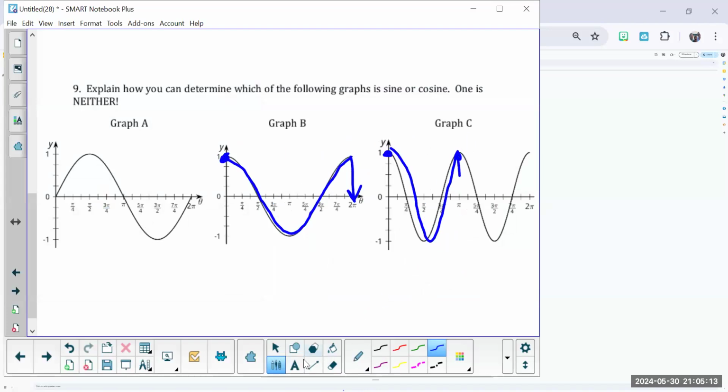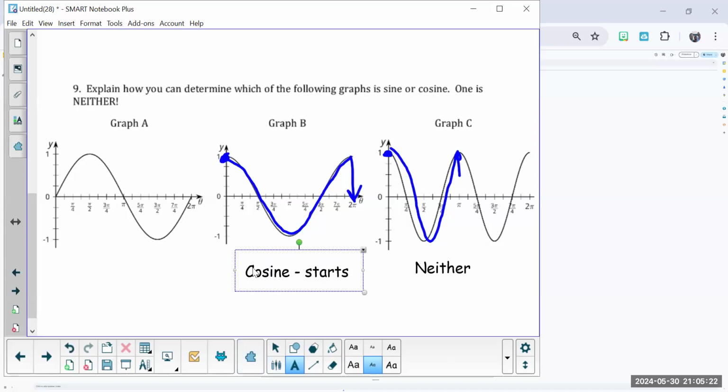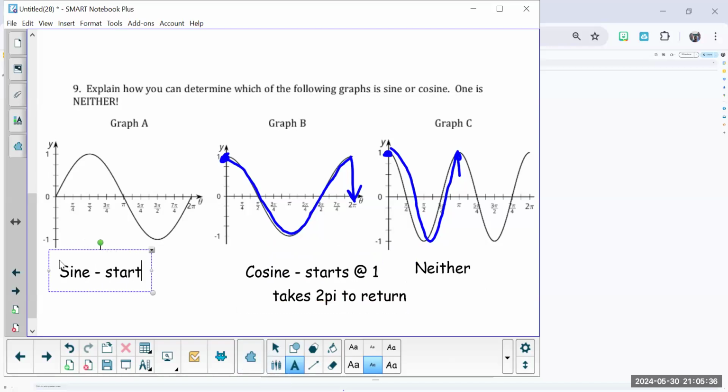So this one is neither, because it gets back to the starting point too soon, and this one is cosine because it starts at 1 and takes 2 pi to return. Right, and so that leaves that this one is sine because it starts at 0, just like the unit circle for sine, and then it takes 2 pi to return.